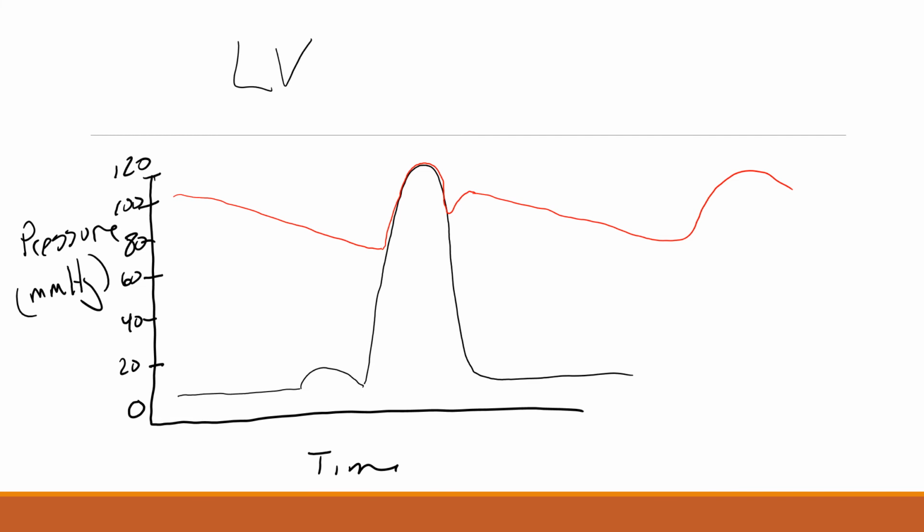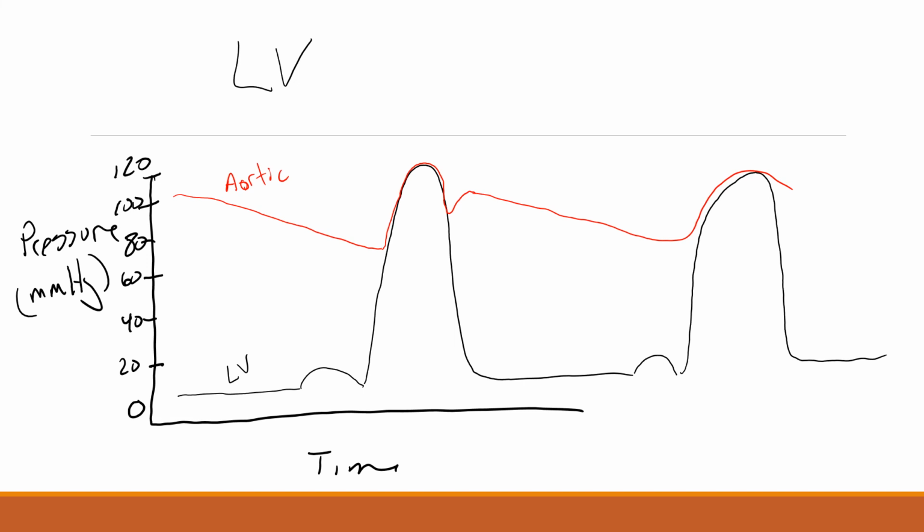And so to make this a little bit clearer, okay, so the tracing that I just made in red actually represents the aortic pressure. Down here is the left ventricular pressure graph.